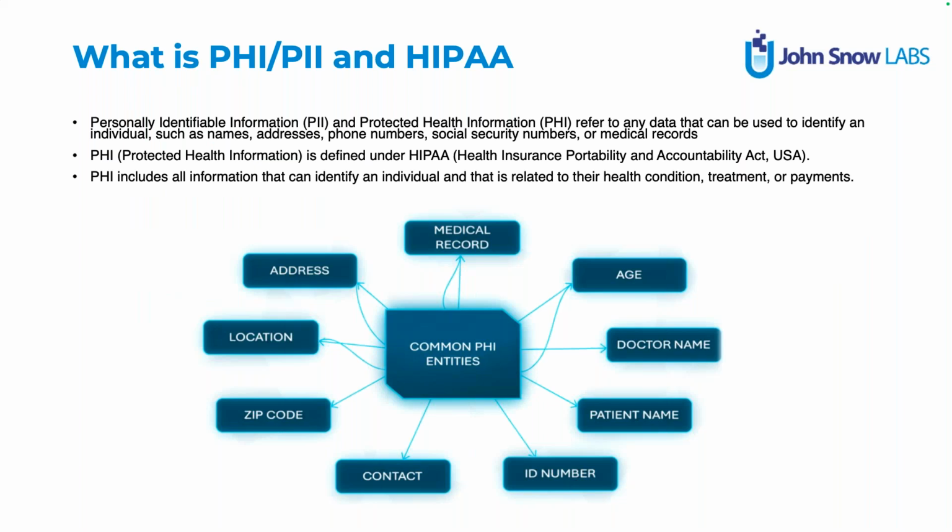The privacy laws of many other countries, including Canada, Australia, and European Union nations, also mandate the de-identification of PHI prior to its processing, analysis, or sharing. In the slide, you can see the common PHI entities, for example, medical record, age, doctor name, etc.